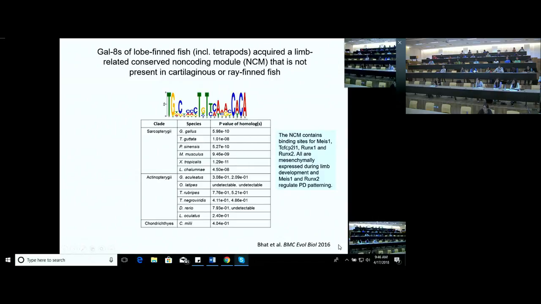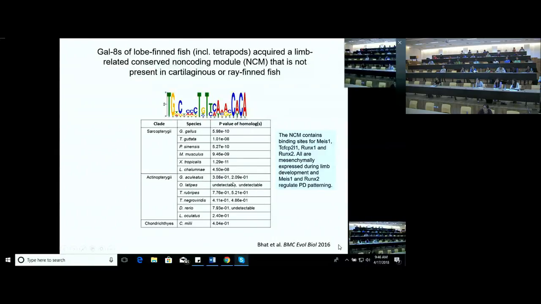And it's very, very highly marked in all of the tetrapods and in coelacanth, but it's not present in any of the others. You can look at these numbers.